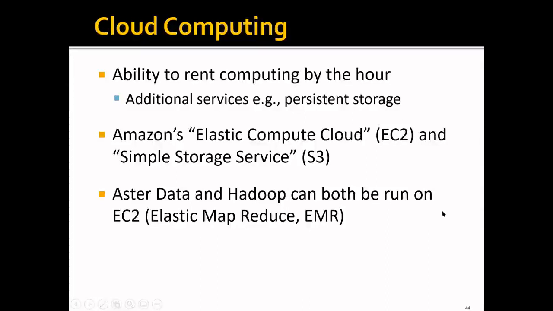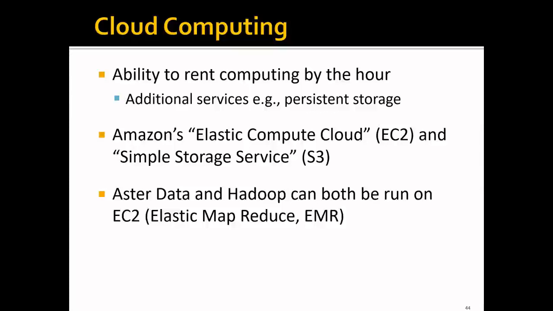And besides setting up your own cluster of nodes, you can also choose to run the MapReduce task on the cloud. And by running it on the cloud, you get additional services like persistent storage. One example is that you can run it on Amazon's Elastic Compute Cloud, which is also known as EC2.